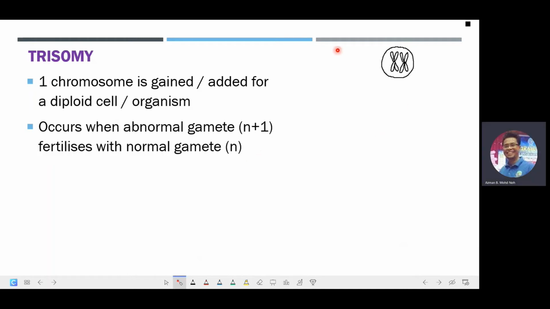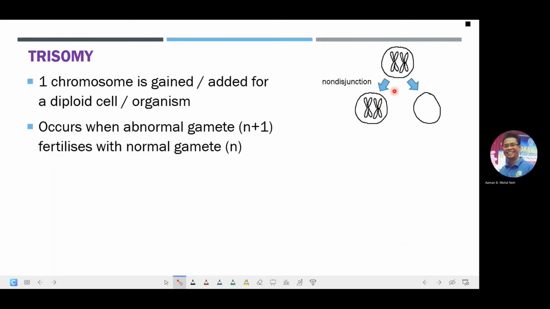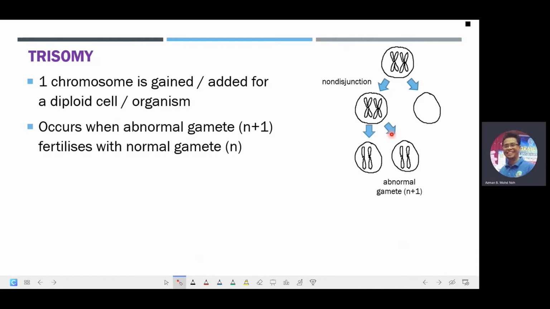Let's say we start with a diploid cell again, and due to nondisjunction that occurs during meiosis 1, we will be getting a cell with both of the homologous pair since they are unable to separate during meiosis 1. So let's focus on this abnormal cell. This cell will then proceed with meiosis 2, and as a result, an abnormal gamete will be produced. The abnormal gamete will be having one extra chromosome.